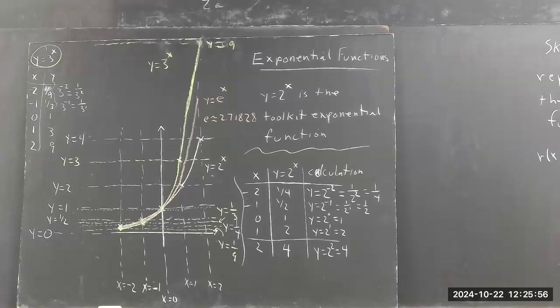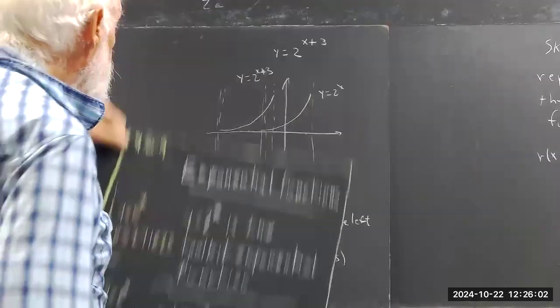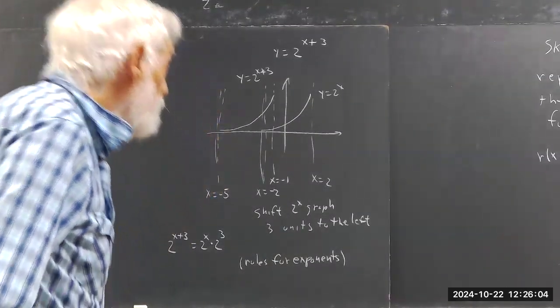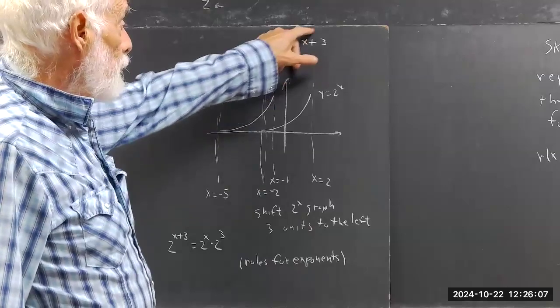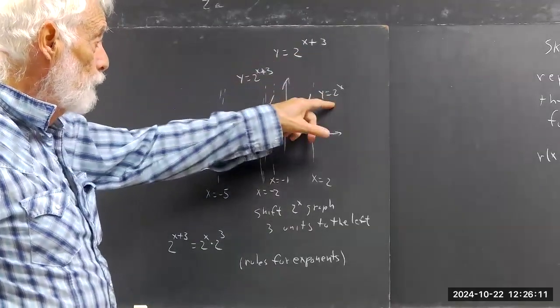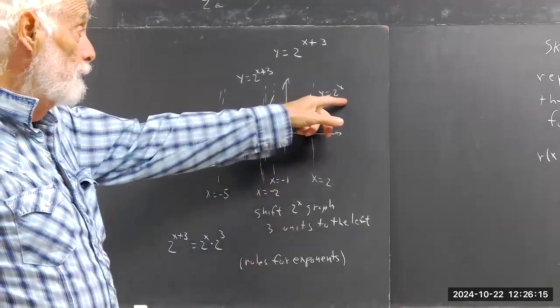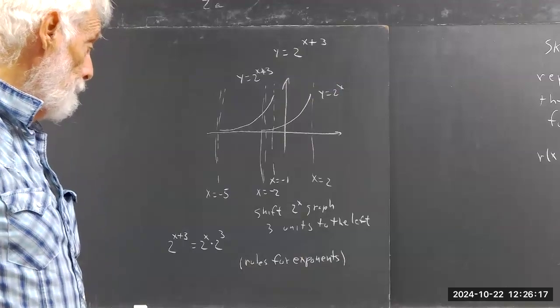So I also mentioned things like y=2 to the x plus 3. The graph of this is just a graph of y=2 to the x, shifted 3 units to the left because x has been replaced by x plus 3.